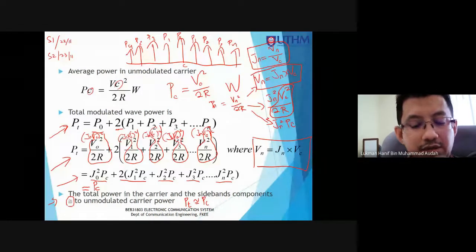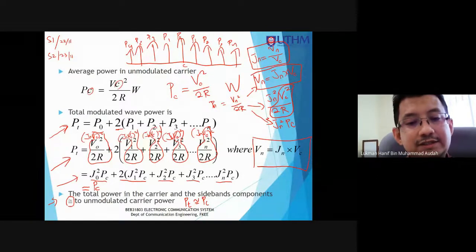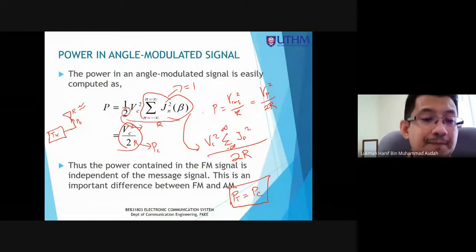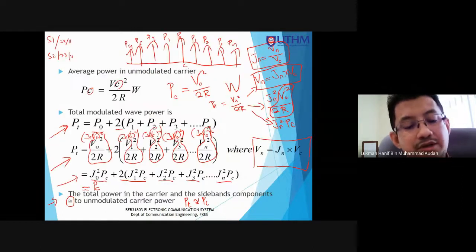Kalau you lihat di sini, statement ini agak bercanggah sedikit berbanding dengan statement yang kita telah belajar tadi, iaitu total power bersamaan dengan PC. Okay, so remember that theoretically PT is equal to PC. Total power equal to carrier power. Theoretically correct.